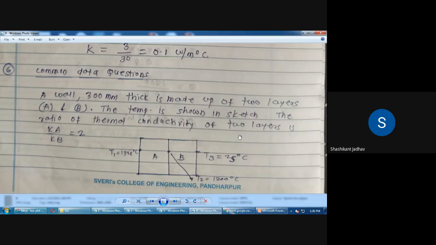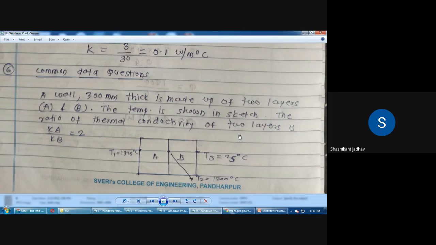And draw this diagram. Two sections are given, A and B. At section A, the left hand surface temperature is T1 equal to 1325 degrees Celsius.